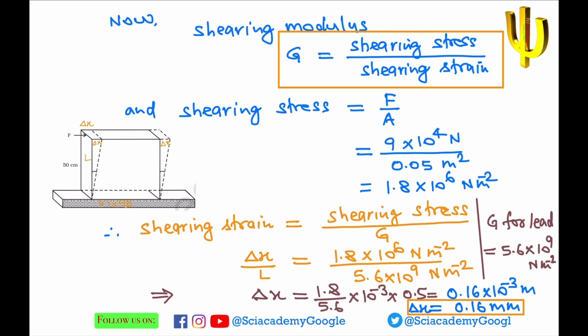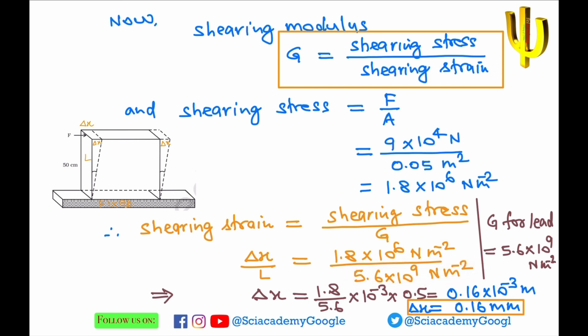Now we'll calculate the shearing strain. Shearing strain is equal to shearing stress by shearing modulus. So we put the values of shearing stress, and G for lead is given as 5.6 into 10 to the power 9 Newton per meter square.